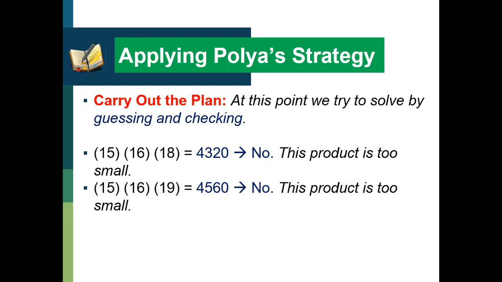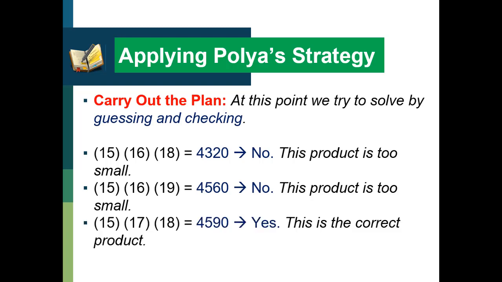Okay, so let's try 19 instead of 18 to raise the product. 15 times 16 times 19 will give you 4,560. And this is still too small because we're looking for 4,590. What about let's try to increase also 16? Let's try 15 times 17 times 18.